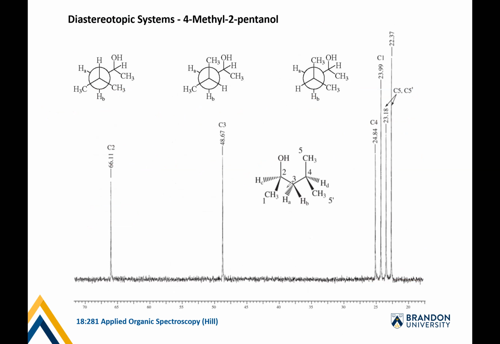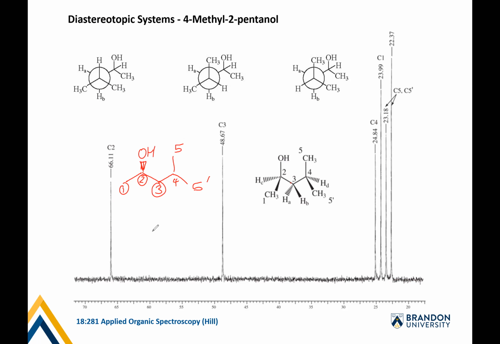It's drawn really funky with all of the protons attached to it, but let's draw it without the protons. So this is carbon 1, carbon 2, carbon 3, carbon 4, and then carbon 5 and 5 prime, we'll call it.